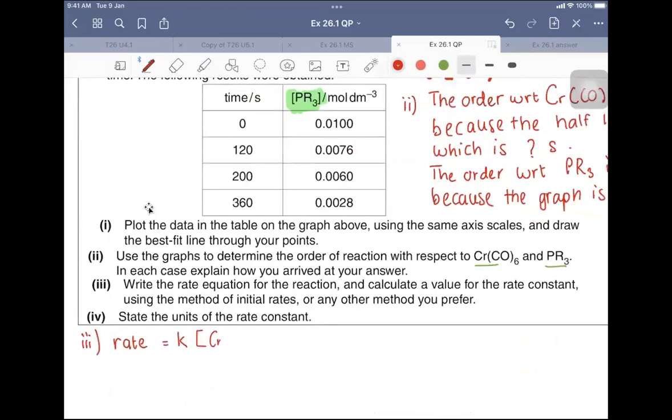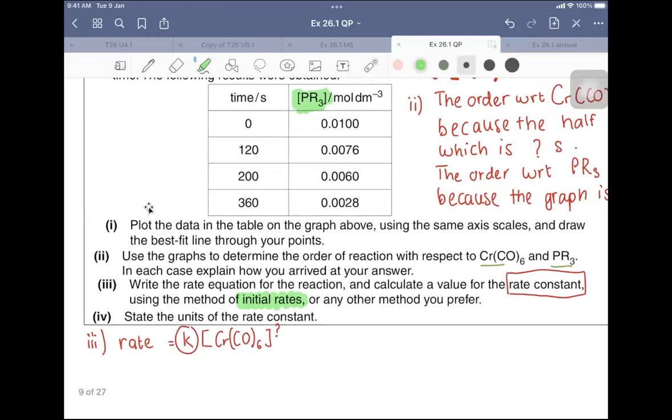So only the chromium complex CrCO6 with whatever the number is after you have found the order. They want you to calculate a value for the rate constant. So that means you need to find K using the method of initial rates.